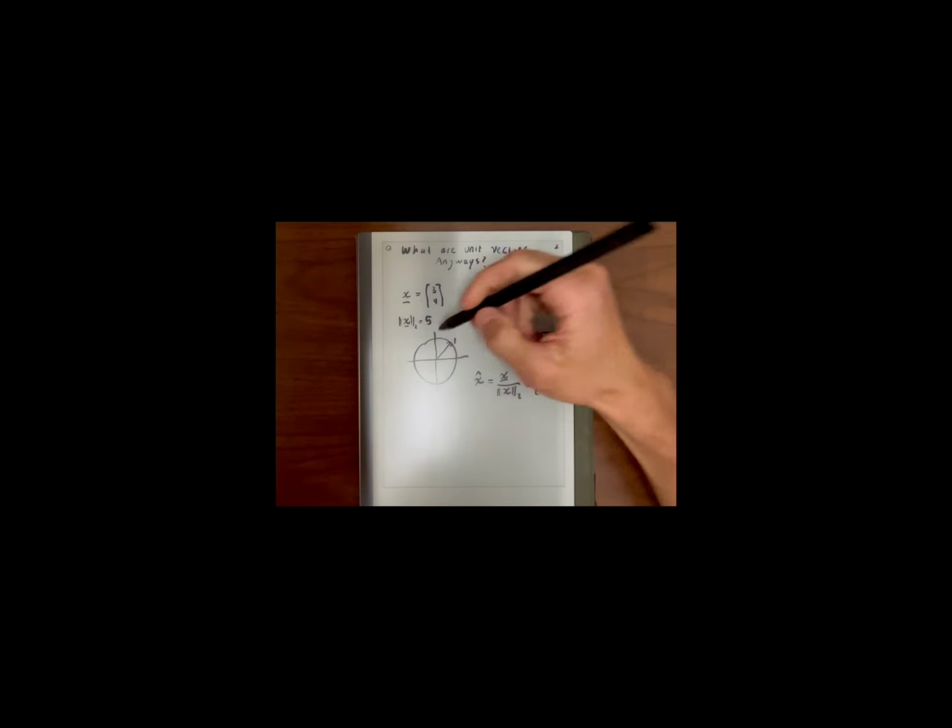And this will get us our new unit vector. So we're simply dividing by this value 5 for each of our components, 3 over 5 and 4 over 5. Now our vector will be of magnitude 1 and fit onto our handy unit circle, just like that.